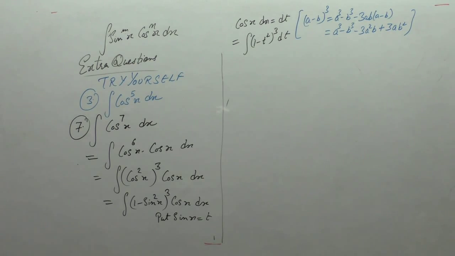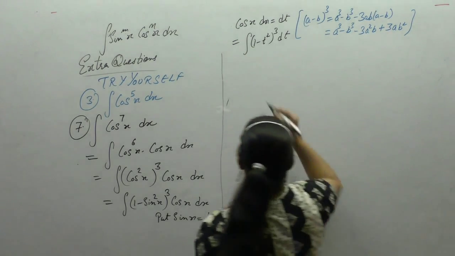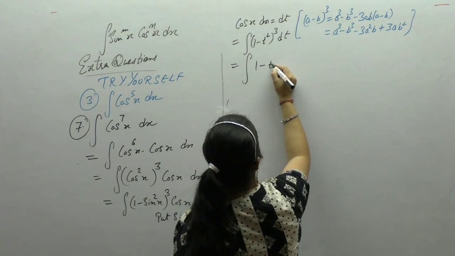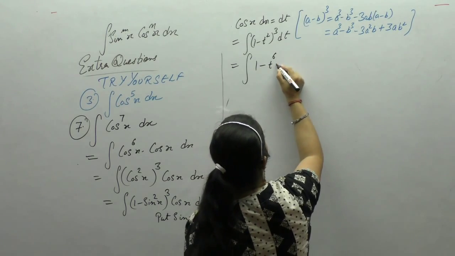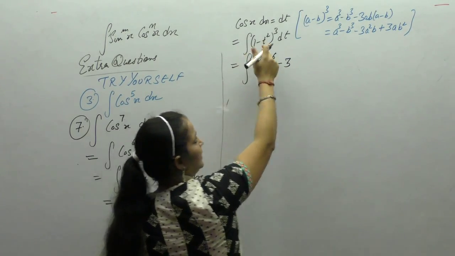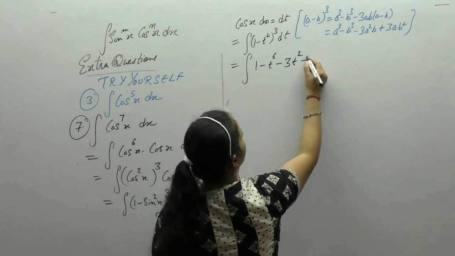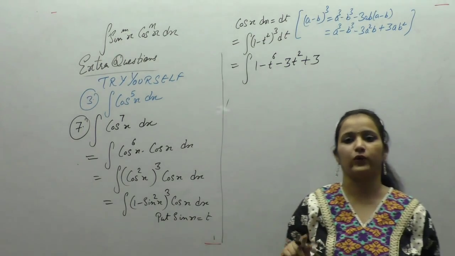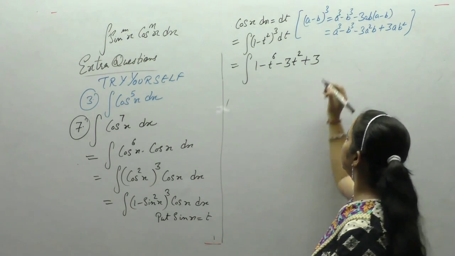Now we use this formula. Here a is 1: a cube minus b cube, t to the 6, minus 3a square, 1 square into b, plus 3a as it is, b square, t square square, t to the 4.